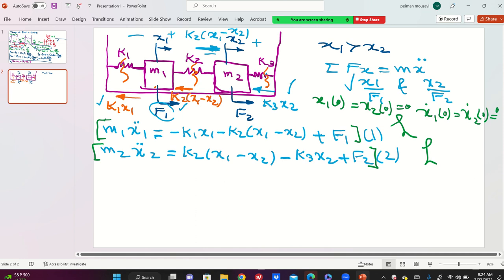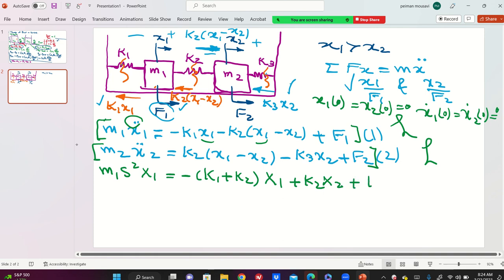Okay, so you're going to have m1 s squared x1, because of the second time derivative, equals to, now if you summarize everything, you're going to get minus (k1 plus k2) x1 plus k2 x2 plus f1 of s, obviously.